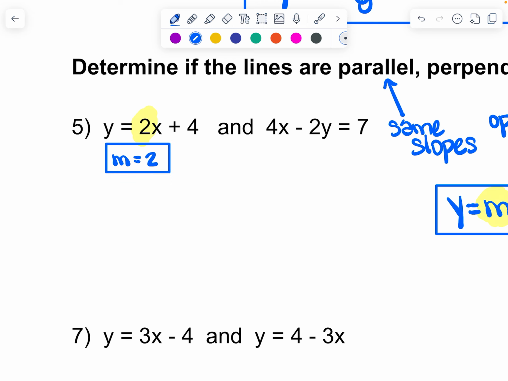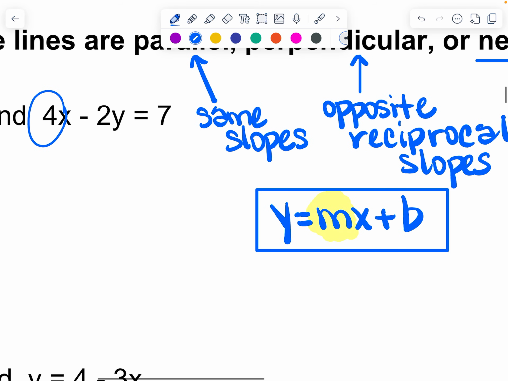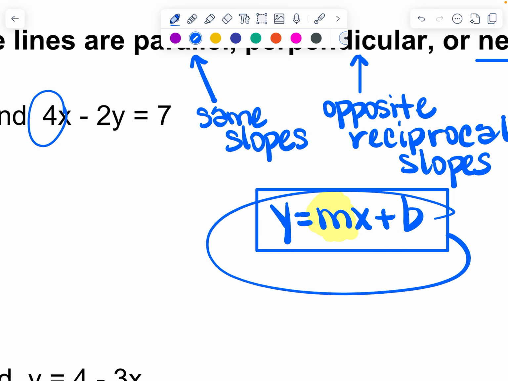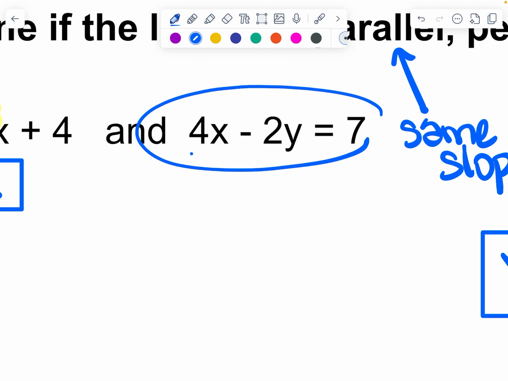Okay, so yay. Now this guy over here, he is not in y equals mx plus b form. I know some of you guys are still under that misconception that any number in front of the x is the slope, and that's only true if it's in y equals mx plus b form. This is standard form. And so the 4, the 2, and the 7, they are meaningless to me.